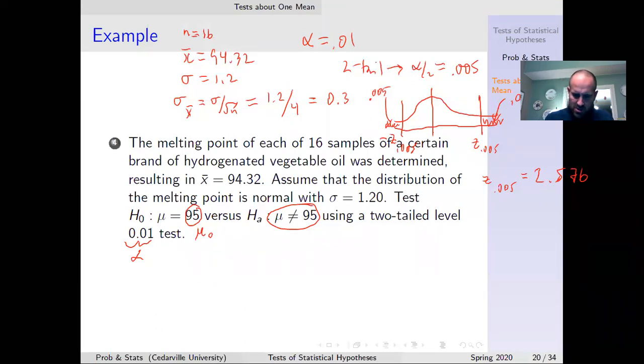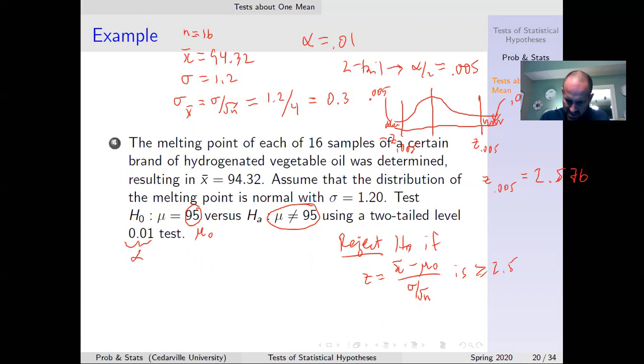You reject the null if the test statistic, which is z equal to x bar minus mu 0 over sigma divided by square root of n, is greater than or equal to 2.576 or less than or equal to negative 2.576.